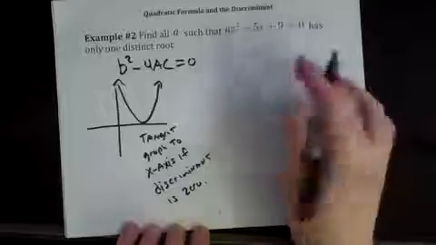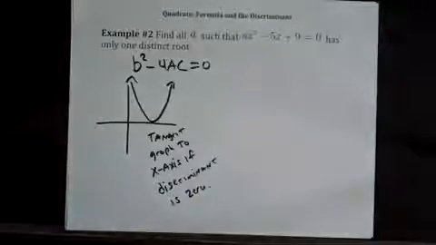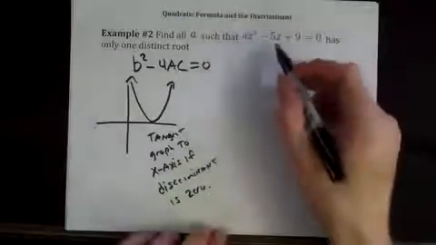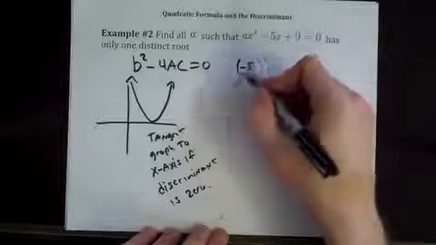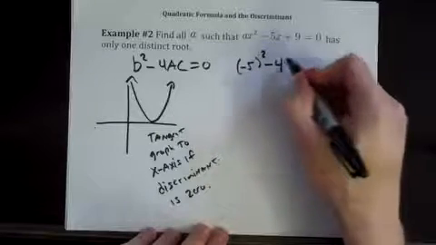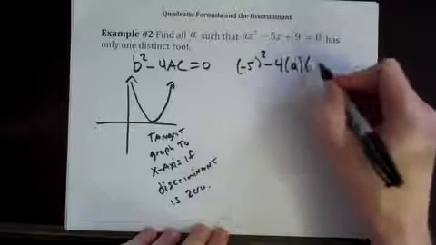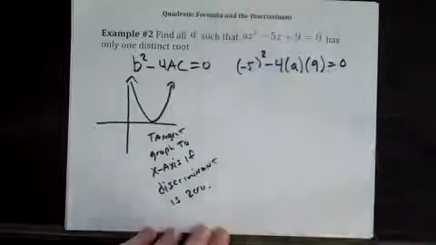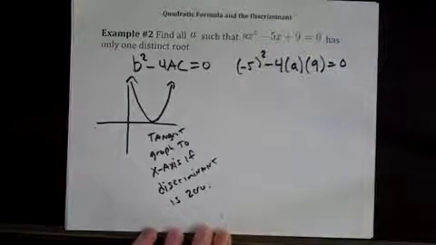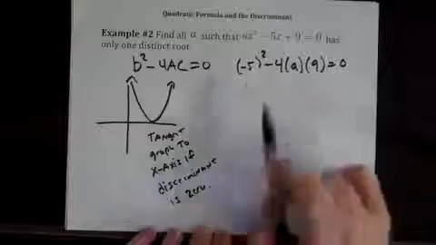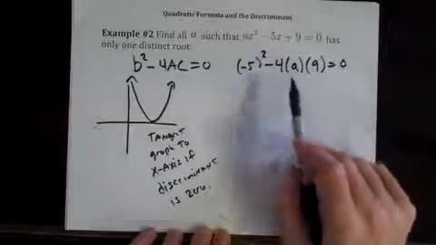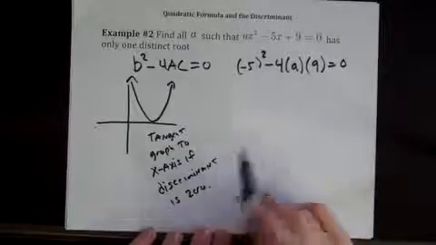So let's see. b squared minus 4ac. Whoops. Make sure this is okay. Okay. So negative 5 squared, we want that to be true. We have to solve for a. If we solve this equation for a, negative 5 squared minus 4 times a times 9 equals 0.